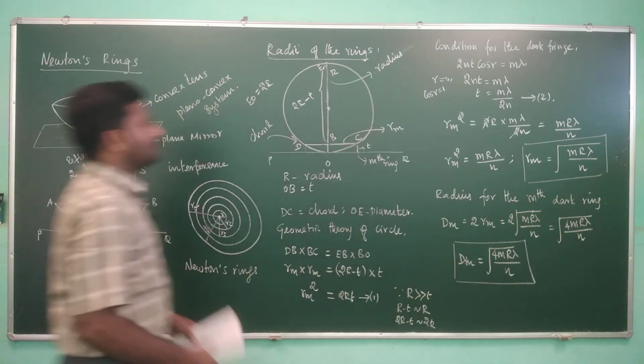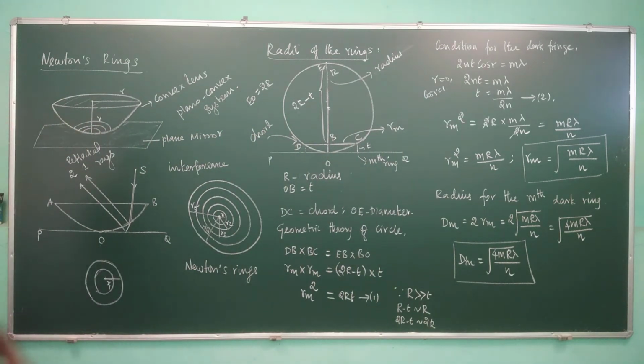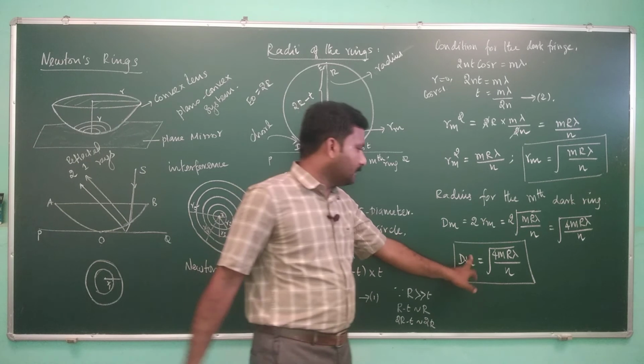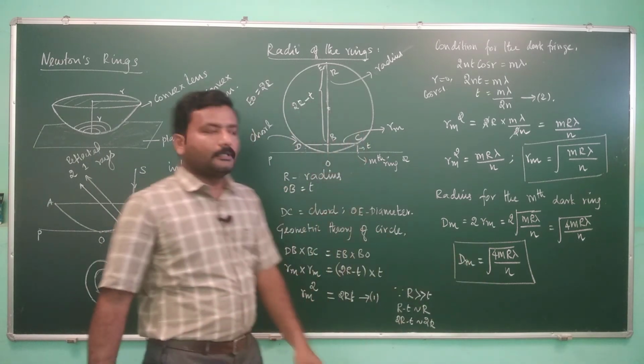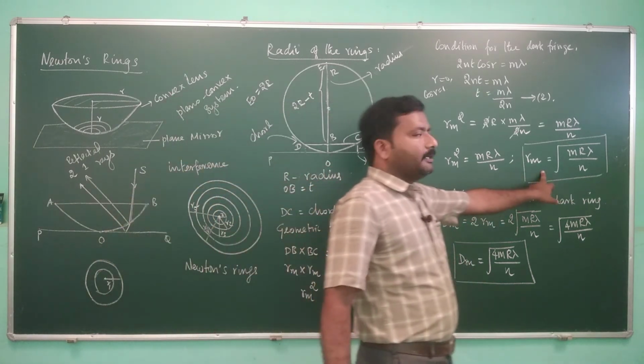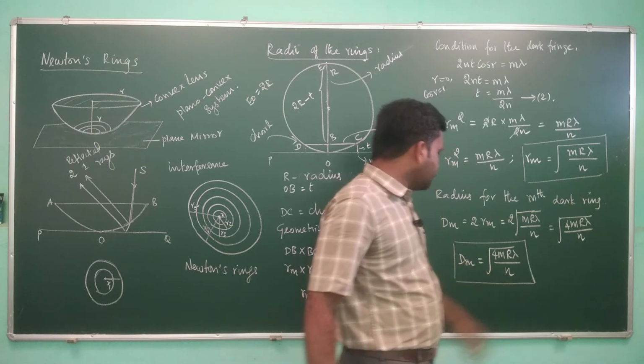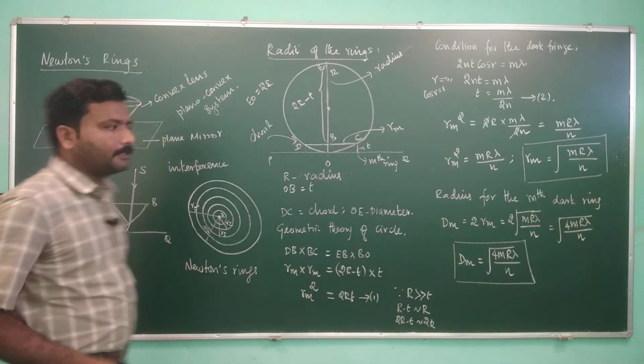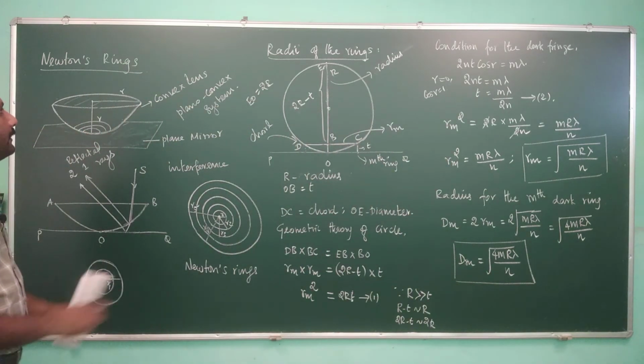Okay, so this is the expression for the radii of the rings. This expression is for the radius of the mth dark ring, and this is for the diameter of the mth dark ring. Fine.